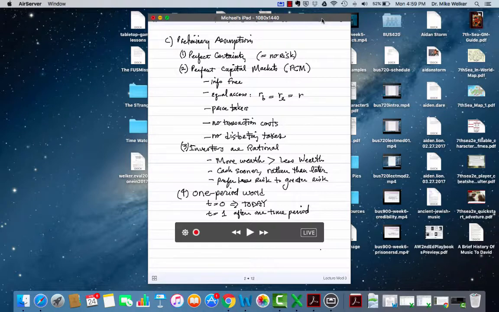Let's see, why would there only be one interest rate per maturity existing in the market if we take away uncertainty? In a one-period world, there's only one interest rate because there's only one maturity. If there was more than one rate of interest, you could create a money machine.